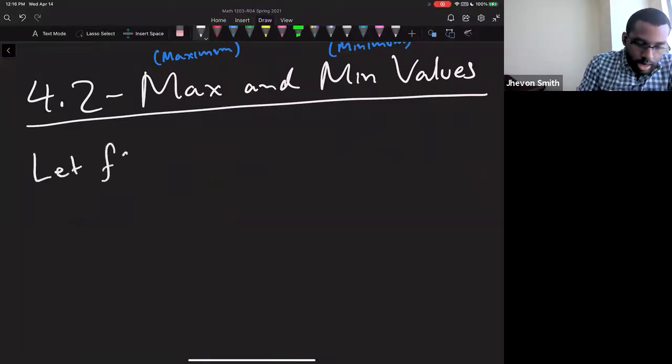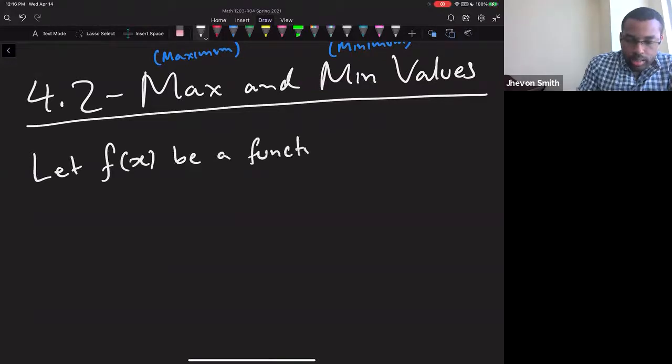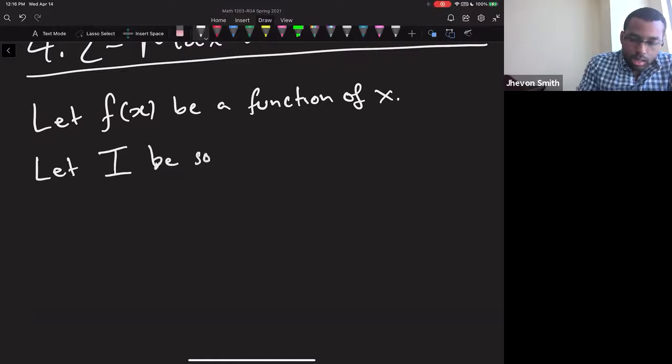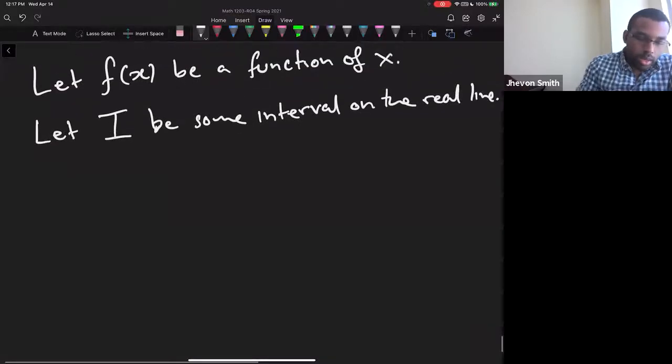Let f of x be a function of x. Let I be some interval on the real line, an interval on the number line.